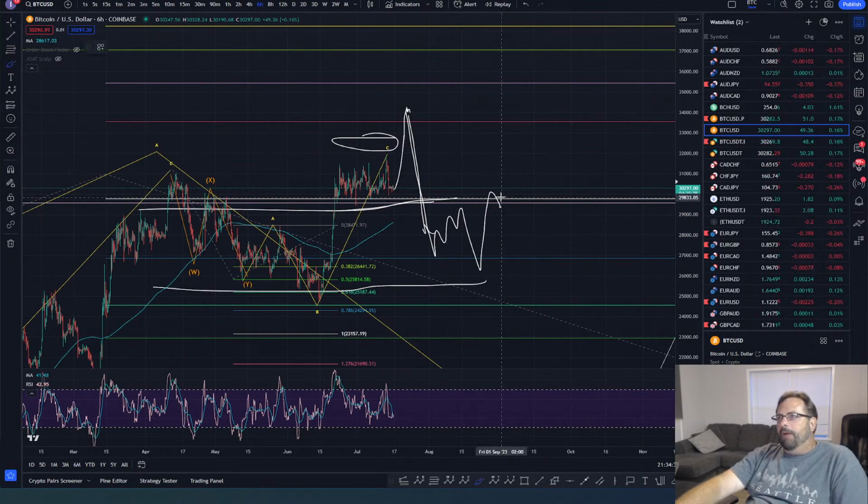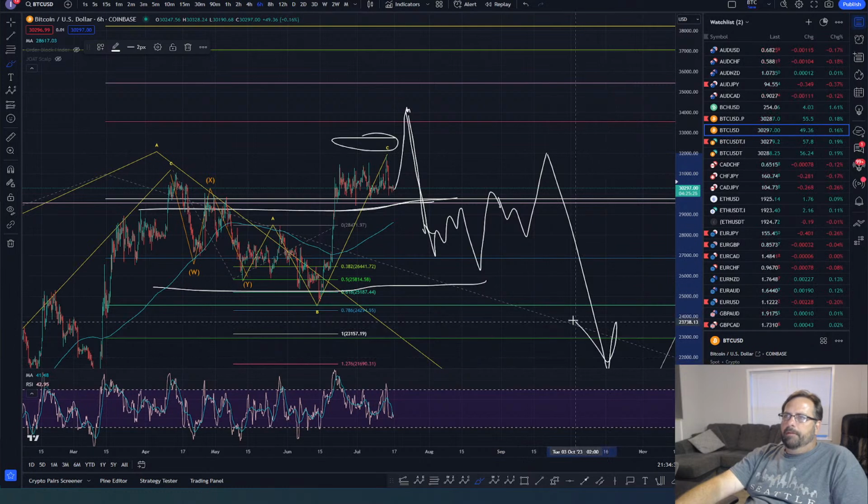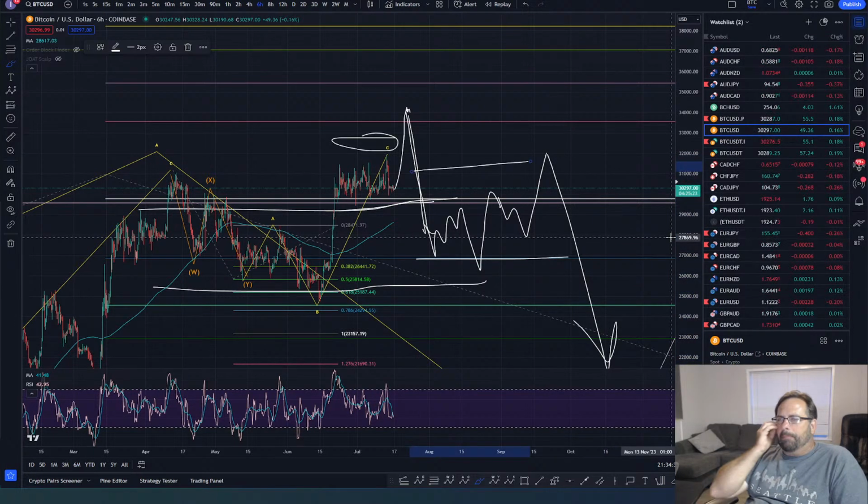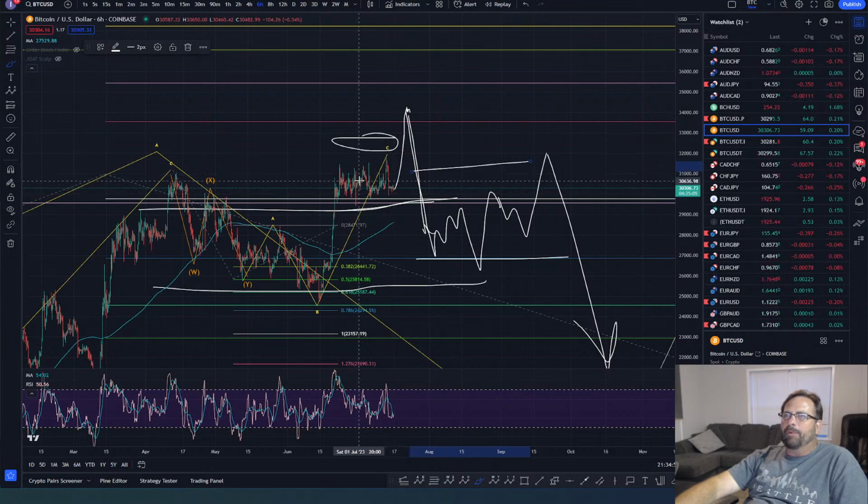Play around up and down with price, and then dump it. Keep everybody guessing what's going to happen, right? And then dump it. So I can see that as another way to interpret what could be happening here. Those are the two bearish ideas that I have, and this second idea says, hey, we didn't finish this wave.